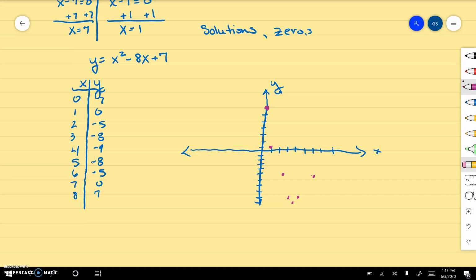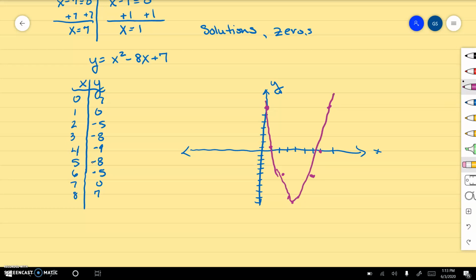This got a little messy, so I'm going to move it over a little. And 8, 7, so that would be up here again. Now I'm sketching this, so it might not be exact, but we're just making a parabola.